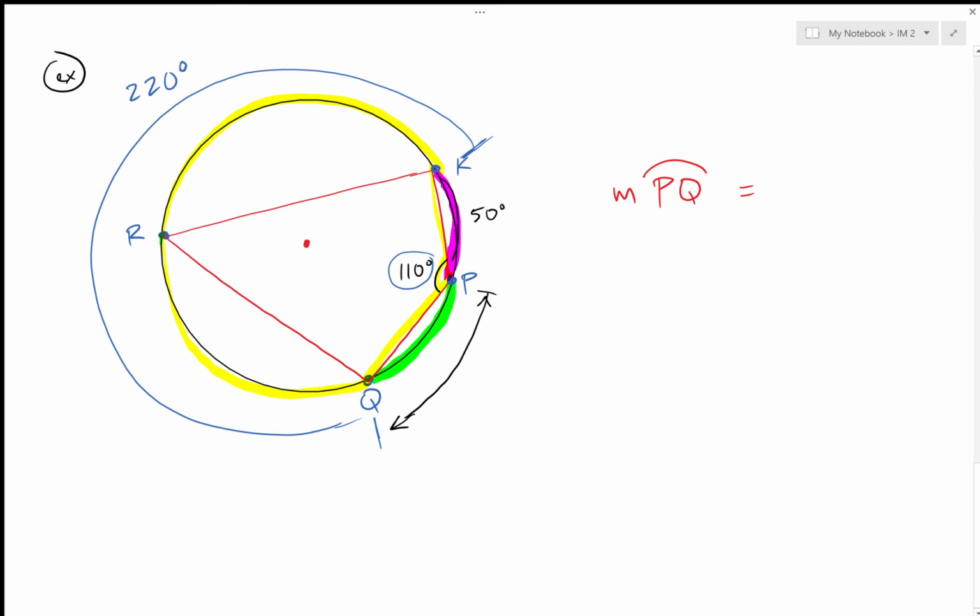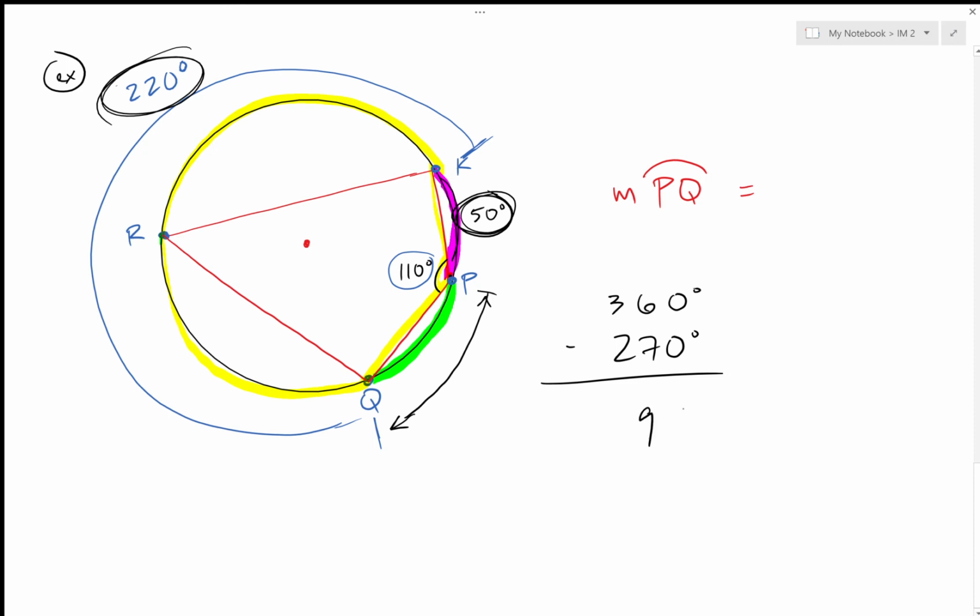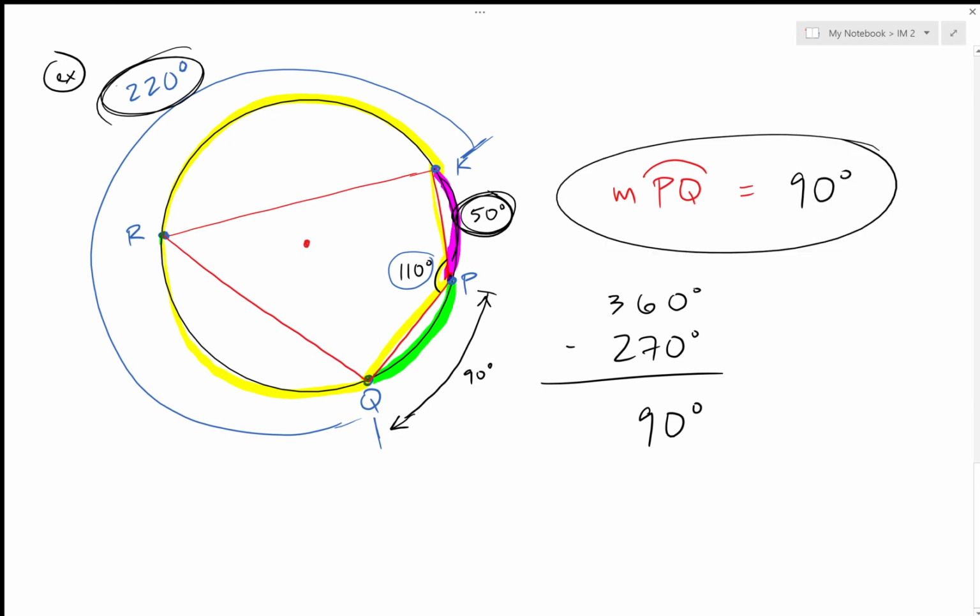So again, I know the whole circle's 360, so I can add 50 and 220. That should give me a 270. Subtract that from 360, the whole circle, and that'll tell me how much is left, the green piece. So 360 minus 270 actually gives me 90 degrees. So there we go, PQ, 90 degrees. The missing piece, 90 degrees.